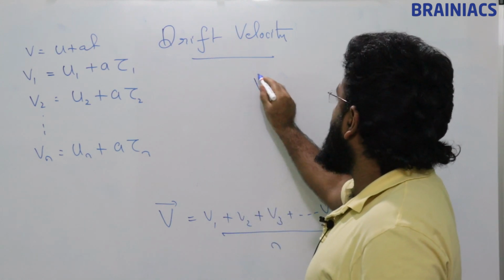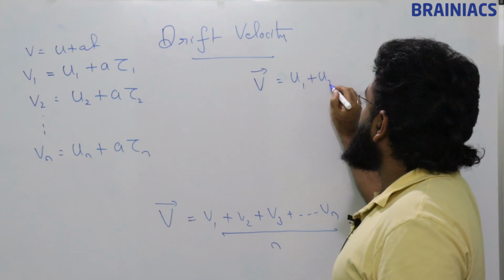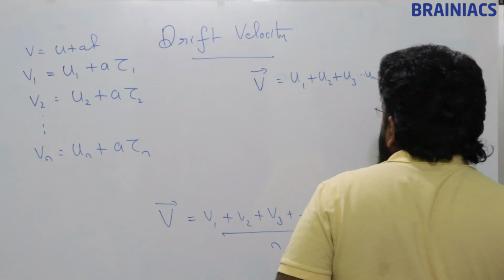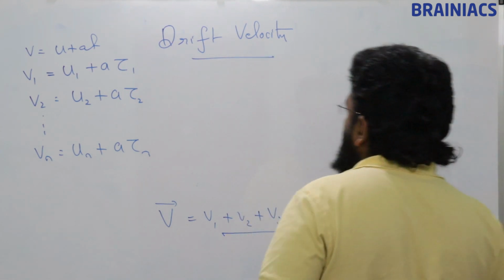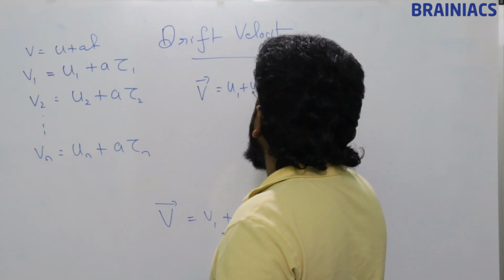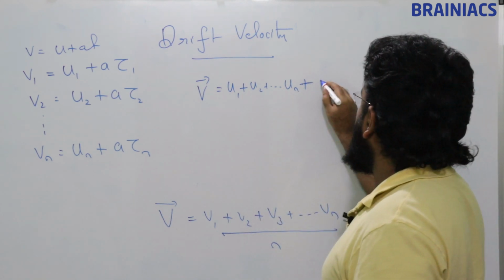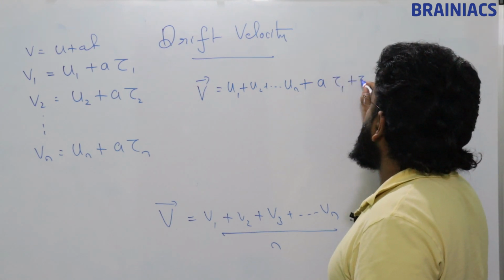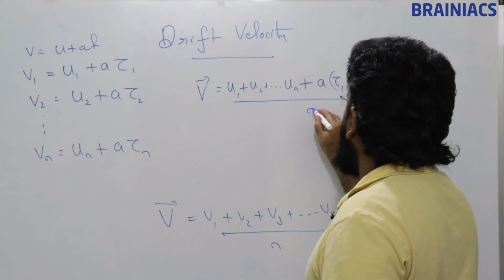Substituting in this equation, V average is equal to U1 plus U2 up to Un, plus A into tau 1 plus tau 2 up to tau n, divided by n.